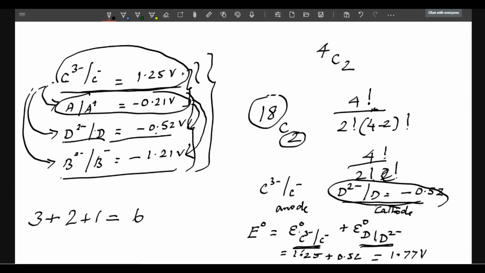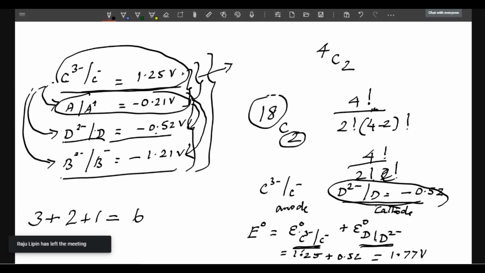Now, tell me what would be the E naught for the first combination, C electrode and A electrode. What would be the value? Anybody tell immediately without writing and doing the problem. 1.46.